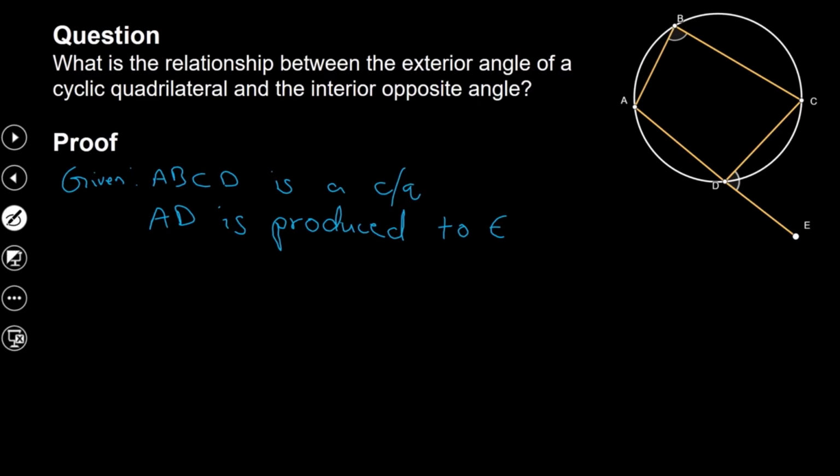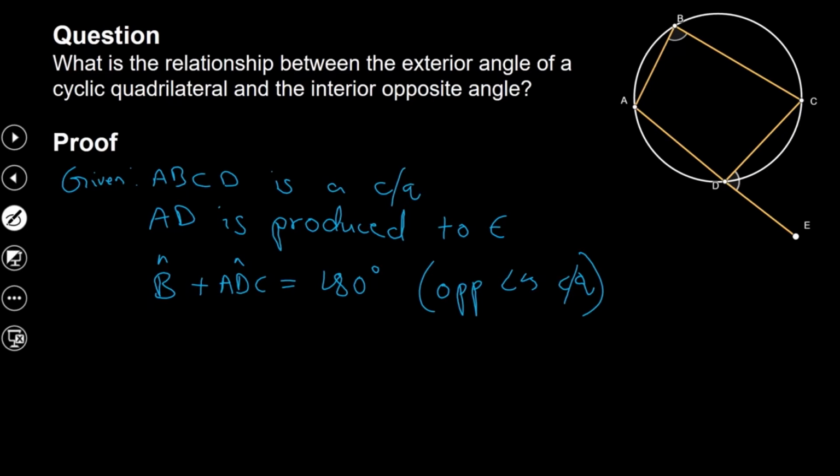Given that this is a cyclic quadrilateral, I know that angle B plus angle ADC is equal to 180 degrees. Why? It's opposite angles of a cyclic quad. I know that.